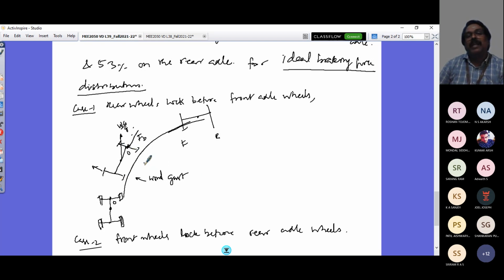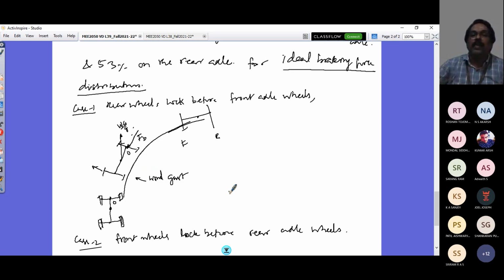So the wind gust is acting, this would be drifting on this side, and you would have a yaw moment in an opposite direction, that is self-correcting, self-aligning. So the driver would lose the effective steering control, but he can exercise control and bring the vehicle onto the course, and that also gets assisted with the help of the moment.